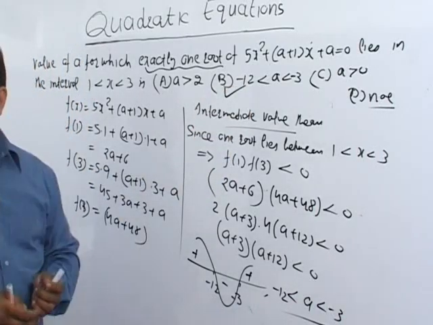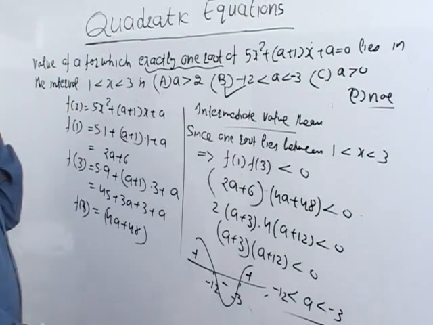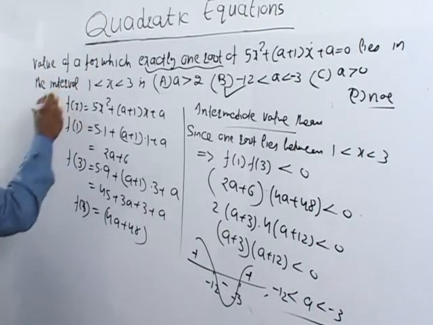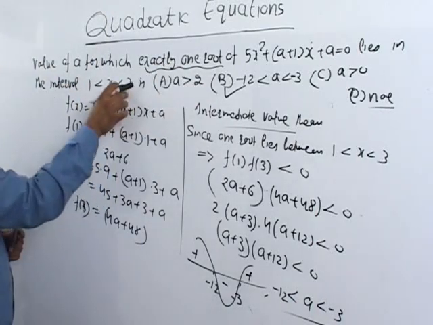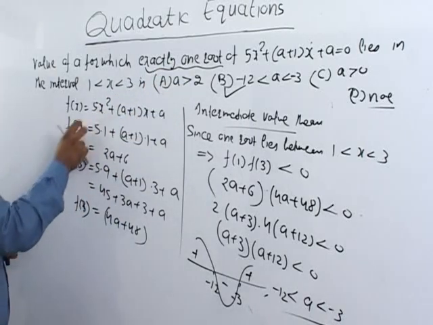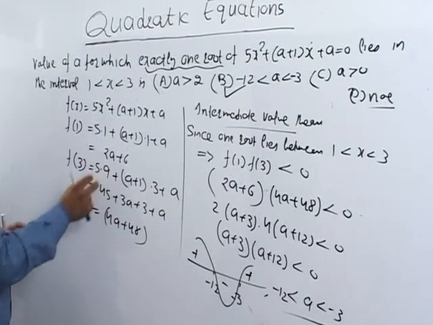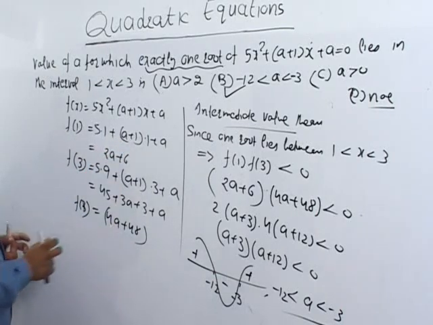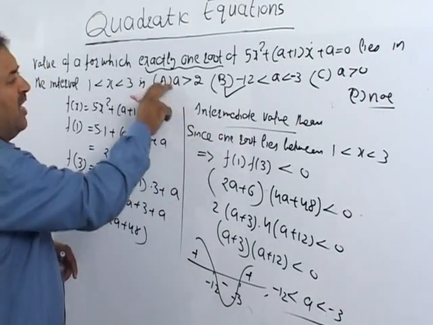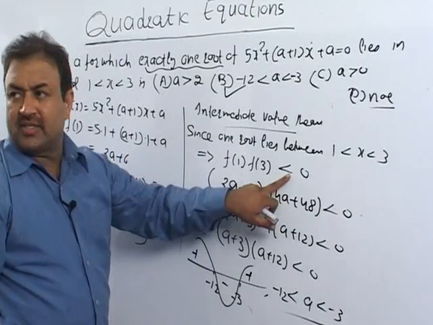So once again, try to understand the application of the intermediate value theorem. This is the question: the value of a for which exactly one root lies in the interval. We have been given one root. I find f(1) and calculate f(3). Using the intermediate value theorem, if it has one root, I can conclude f(1) into f(3) is less than 0.